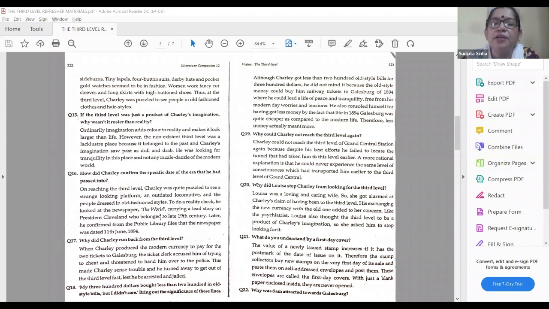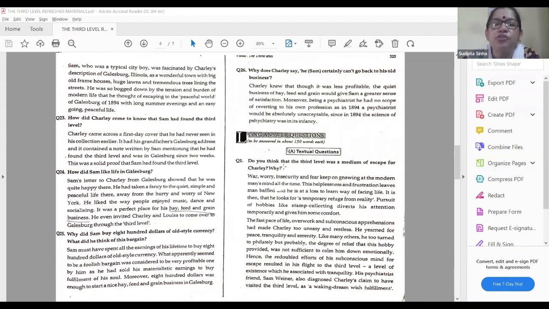Do you think that the third level was a medium of escape for Charlie? Why? We say that it was a medium of escape. We just corroborate it with all. But from here, teachers, all said and done, I may be wrong, but I certainly do insist upon my children, if there is any long question, unless and until it is very clear cut, you should go for the or question.